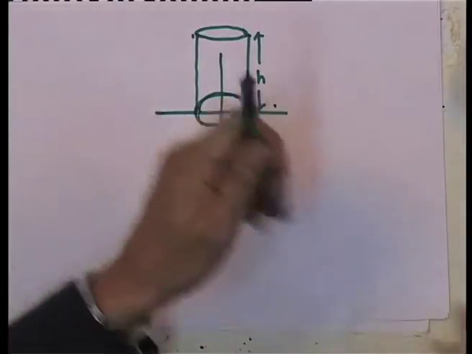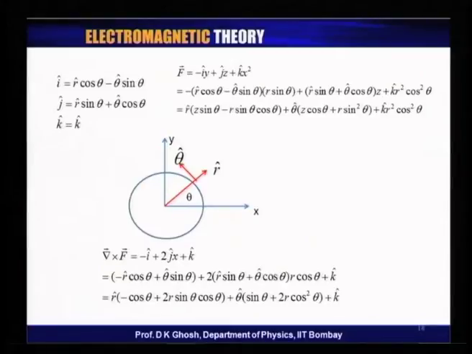Now, I already have given you the expression for the force and its curl in the r, theta, that is my polar coordinates, and the z direction. So, you could calculate the curl f. Once again the top cap is trivial, because the direction of n is along the z direction.